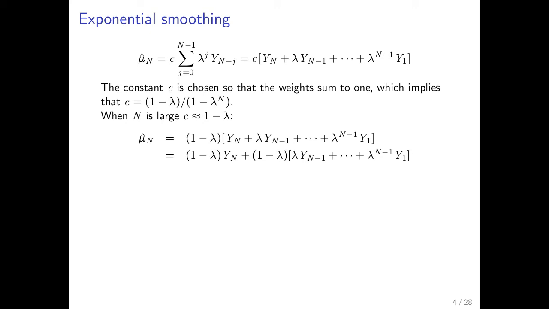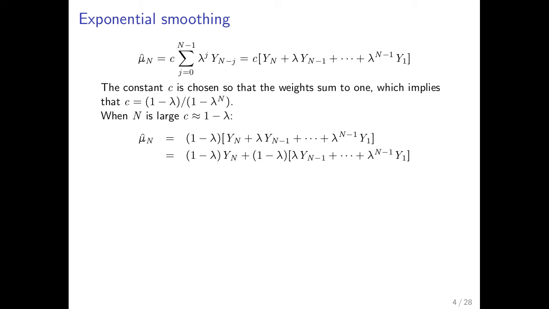So this is the recursion that we're having. When you get a new observation, you take the previous one, multiply by your memory of the past, and add 1 minus the memory times the new observation.